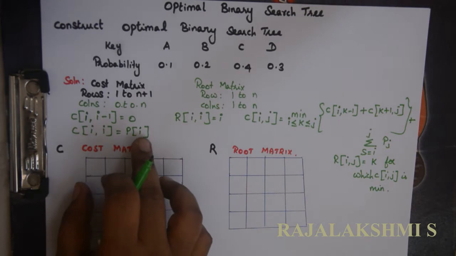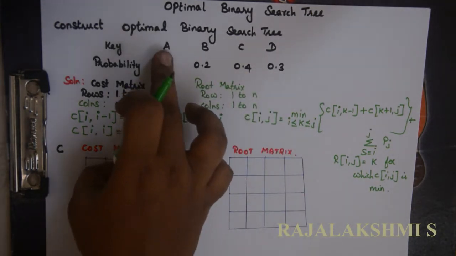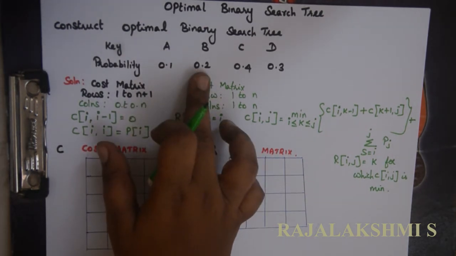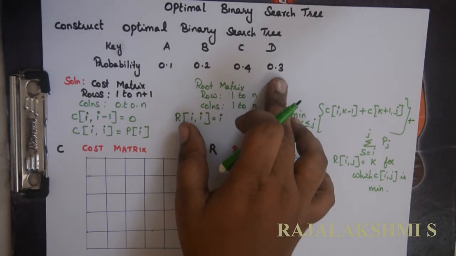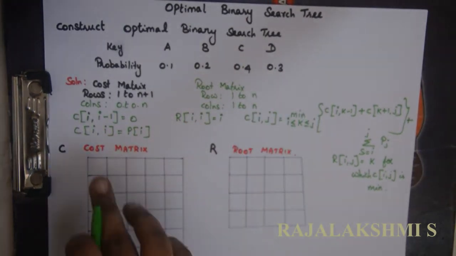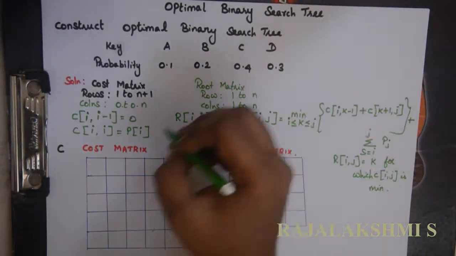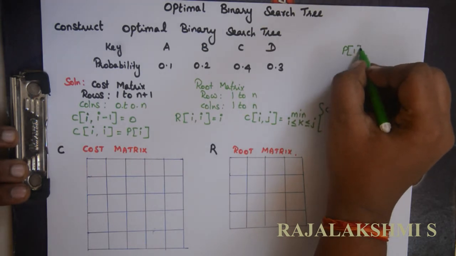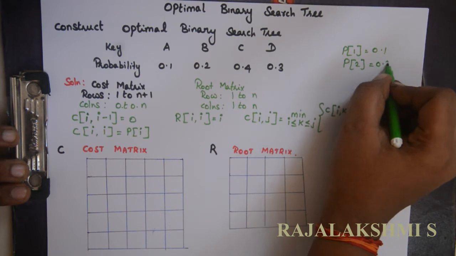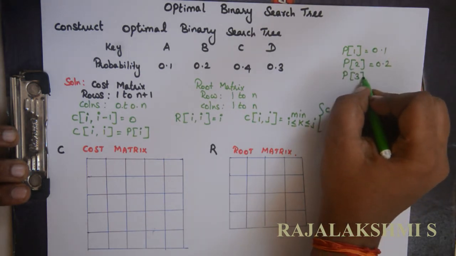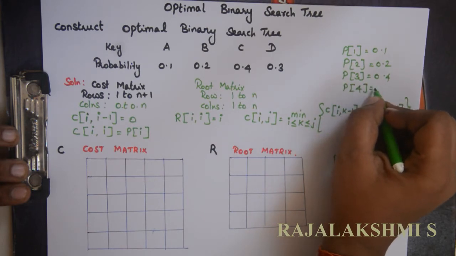Here P of i stands for the probability value. P of 1 represents the probability for the first symbol, P of 2 the second symbol, P of 3 the third symbol, and P of 4 the fourth symbol. So P of 1 is equal to 0.1, P of 2 is equal to 0.2, P of 3 is equal to 0.4, and P of 4 is equal to 0.3.